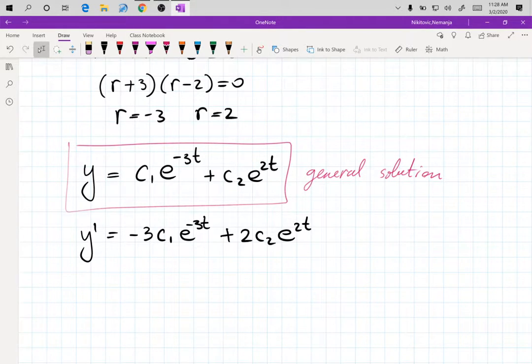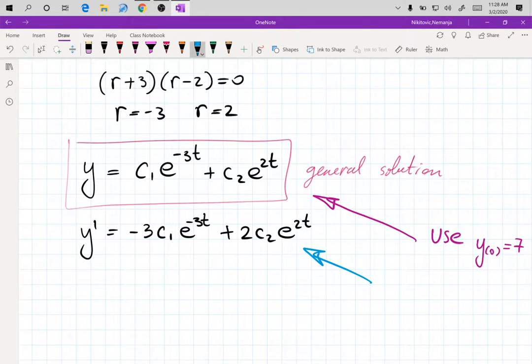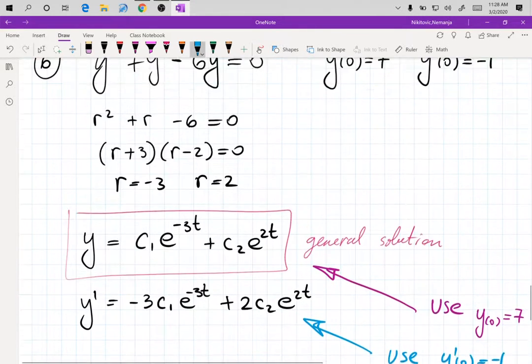So at this point, because this is now new, I'll point my arrow here and I'll say use y of 0 is 7, and for this one use y prime of 0 is, I believe, negative 1.